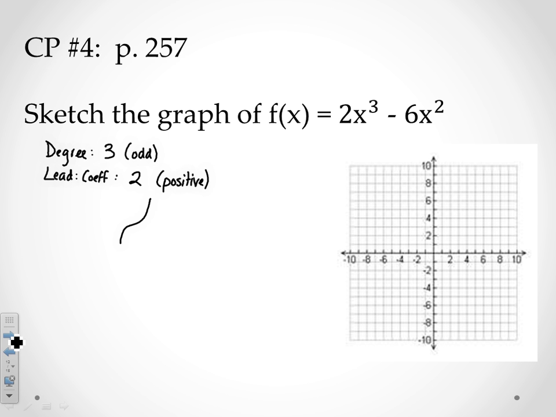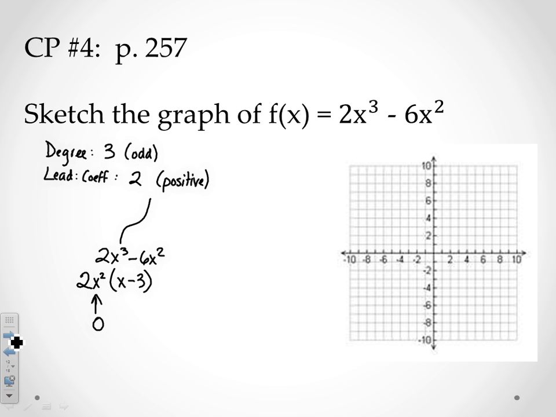Now we need to find our zeros. Looking at 2x cubed minus 6x squared, I notice that I can take a 2 out, and I can also take out x squared. That leaves me with x minus 3. What zero would there be for this front term? Zero itself. The only thing to plug in to get zero out of the front term, 2x squared, is a 0.